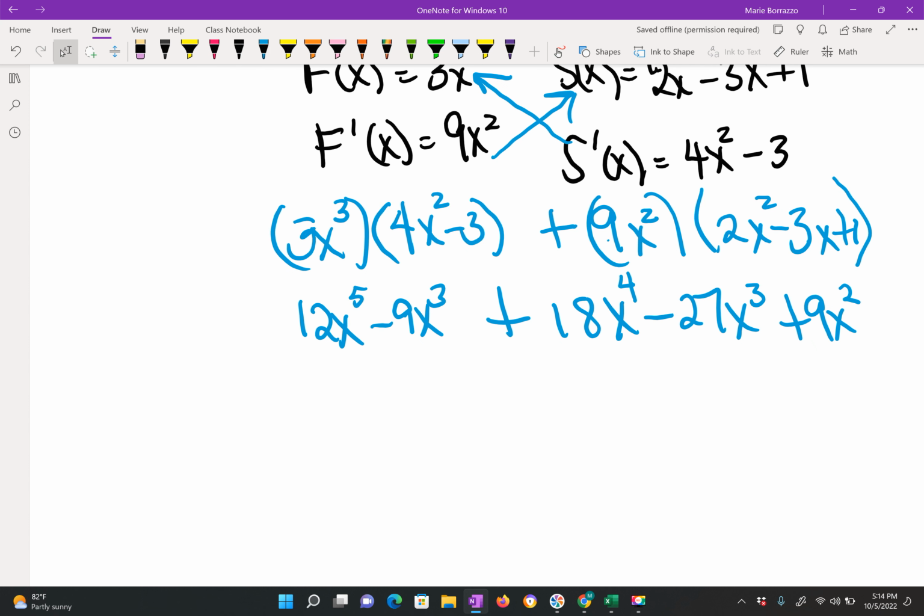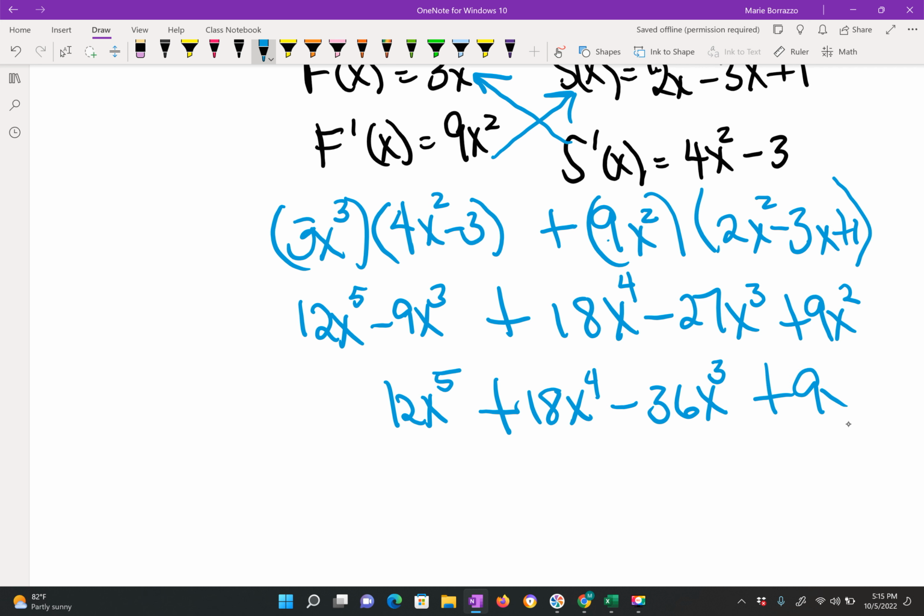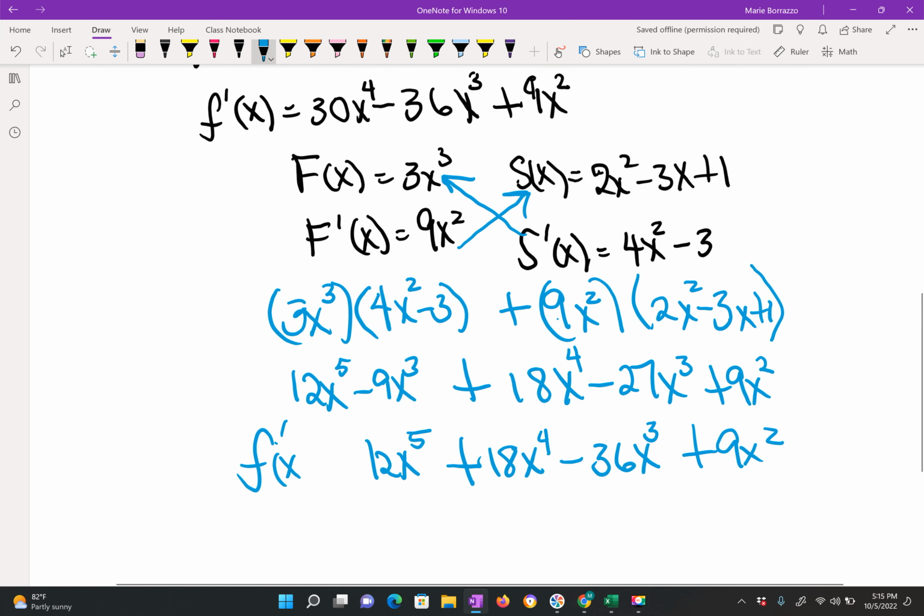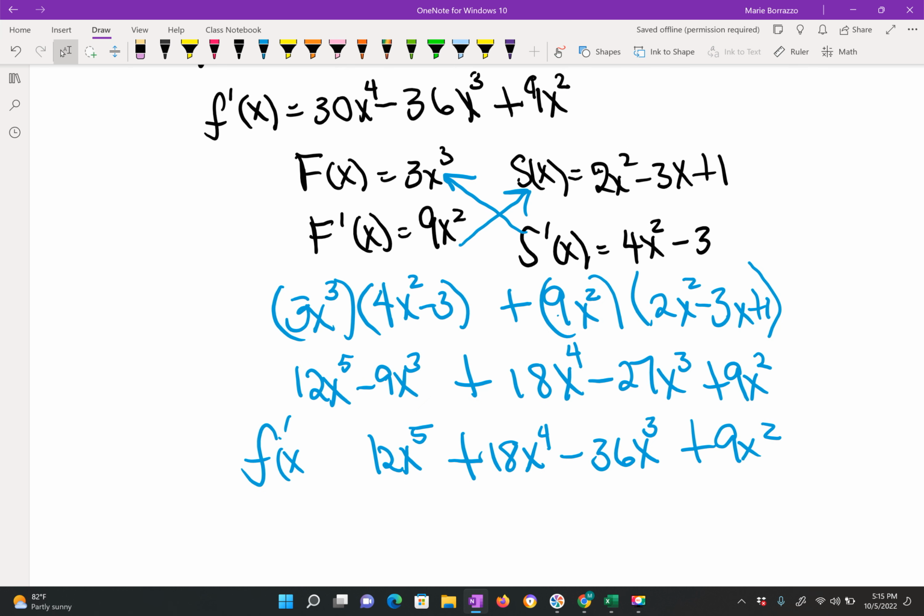We have 12x to the 5th plus 18x to the 4th minus 36x to the 3rd plus the 9x squared. Okay, and now we differentiate, because remember, this is just the derivative. The derivative of the second one is 4x minus 3.